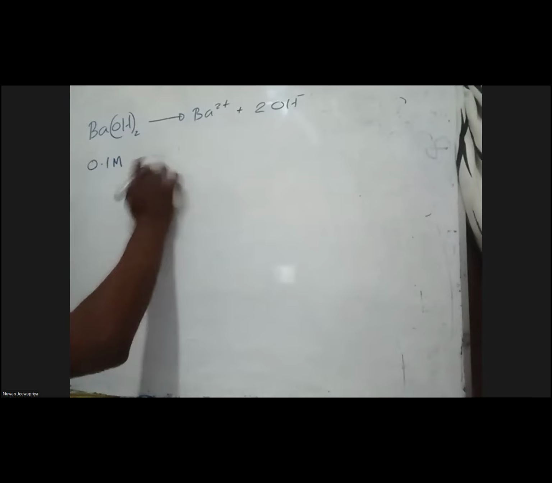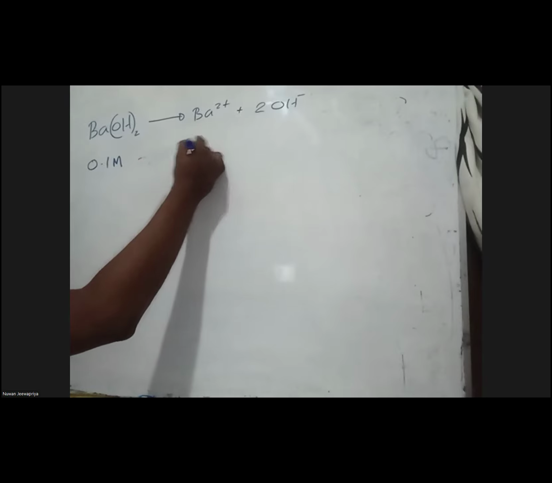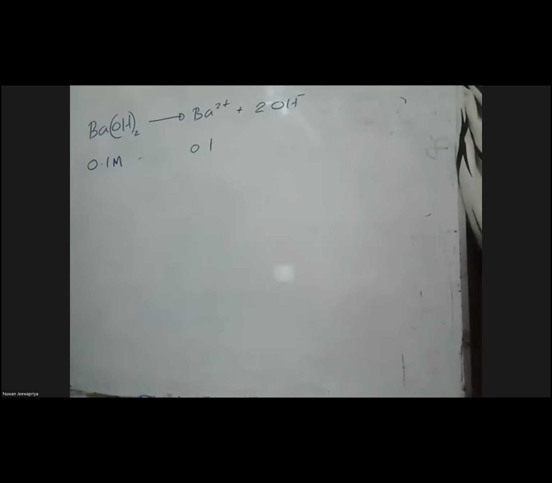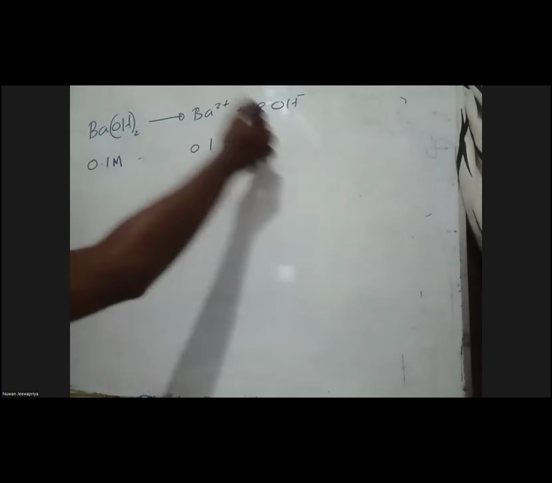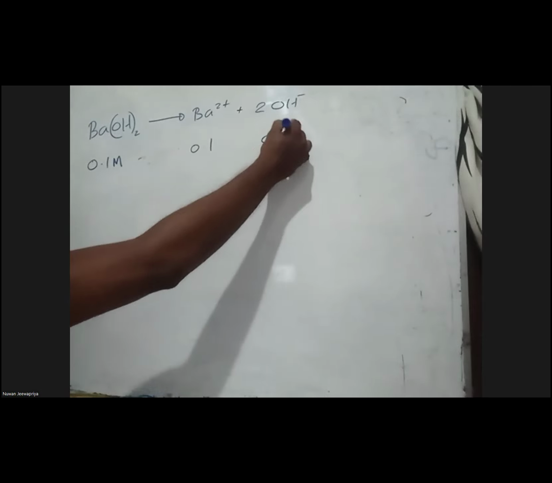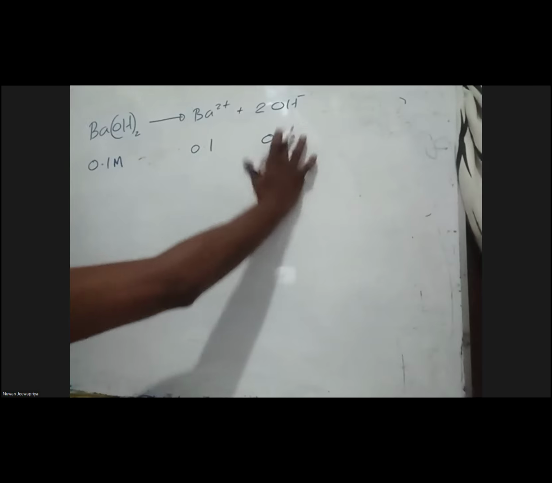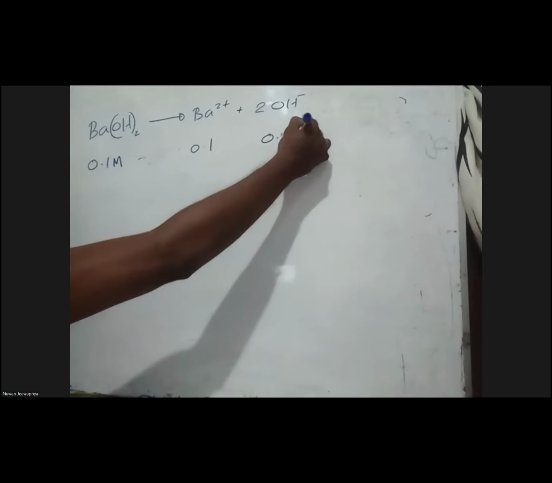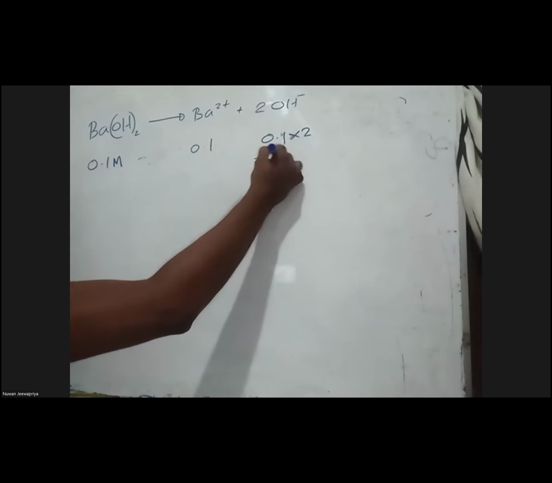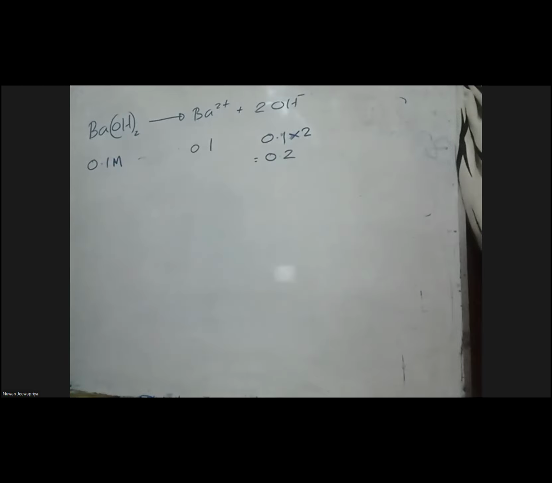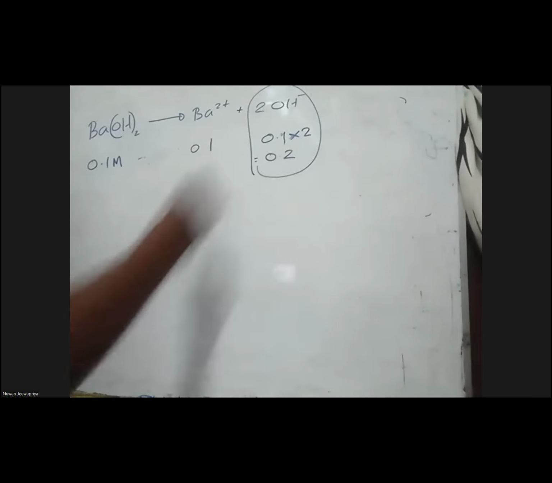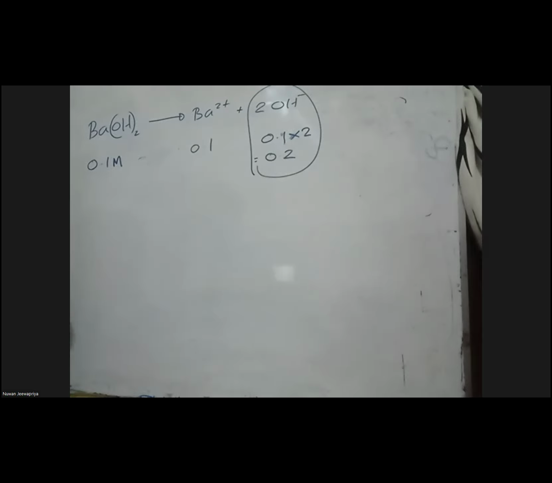That means barium concentration is also 0.1, but the hydroxide ion concentration is 0.2, or we can write 0.1 times 2, which is equal to 0.2. That is how we find the OH minus concentration.